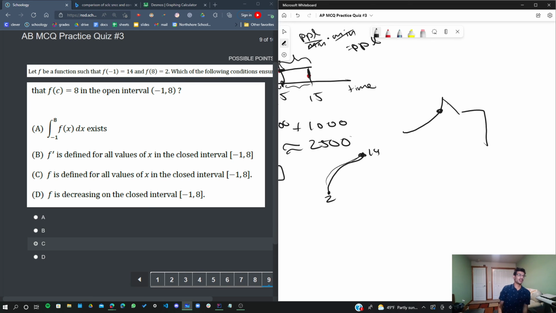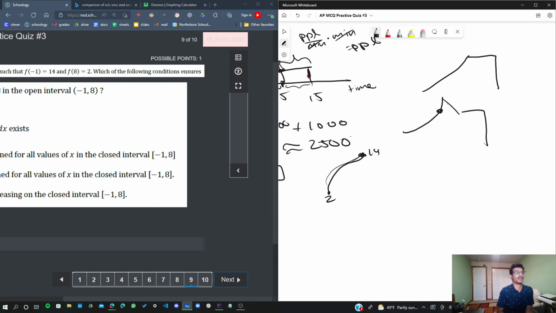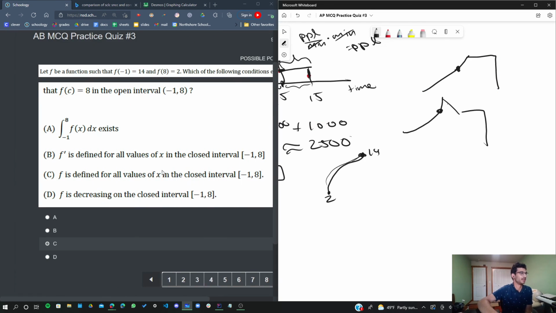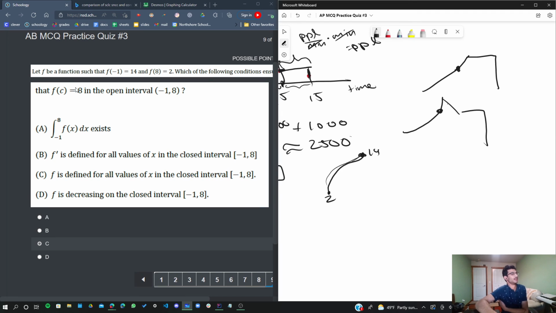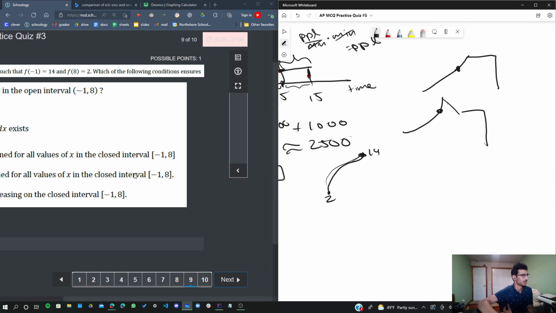So if the integral does not exist, then I don't think it's even continuous. Yeah, you could make up some random graph, I guess, where it's not continuous or the integral does not exist, and you can still have it pass through 8. So f of x does not necessarily need to exist in order for f of c of 8 to occur. But if f of c is equal to 8, if this is continuous, it's always going to be the case. There's going to be some value that equals 8.